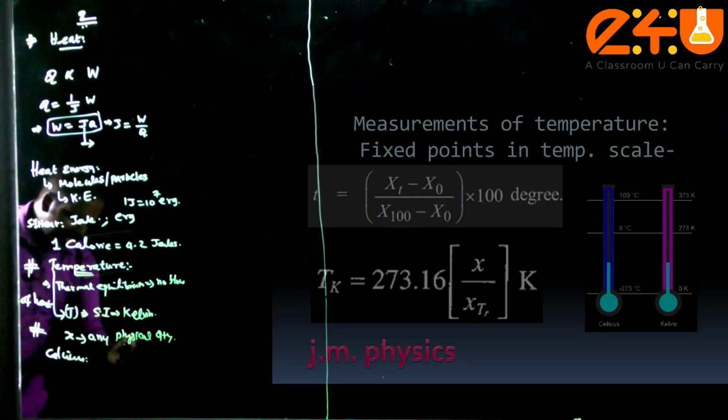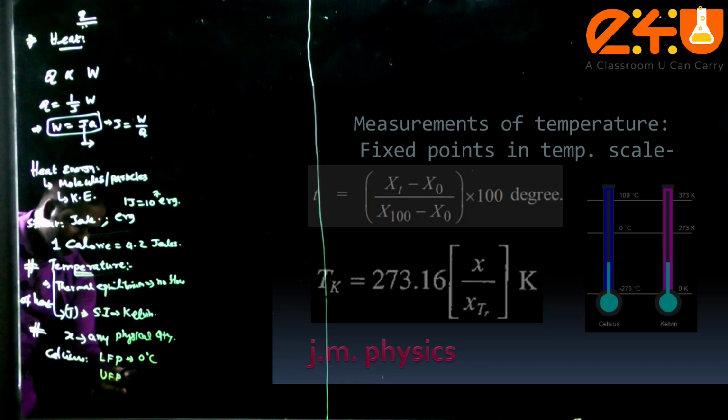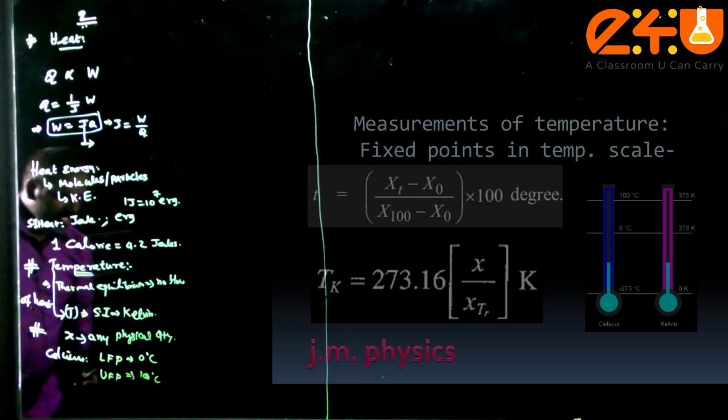Two standard fixed reference points: one is called LFP, the lower fixed point, which is generally the melting of ice temperature, that is 0 degree centigrade or the ice point. And the next one is UFP, the upper fixed point, that is the boiling point or 100 degree centigrade.